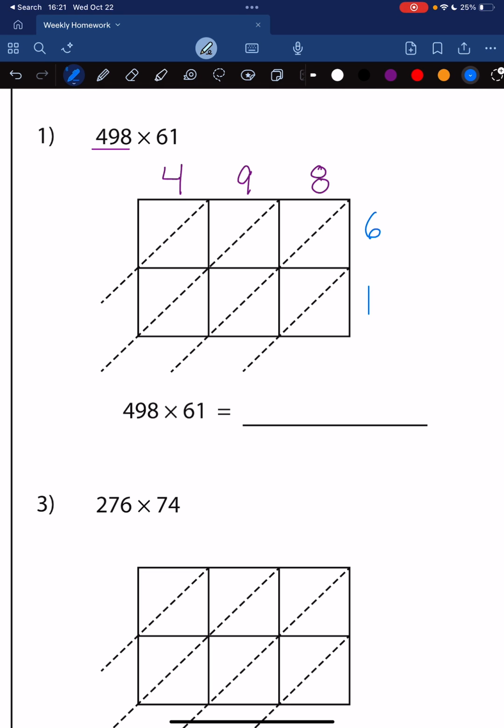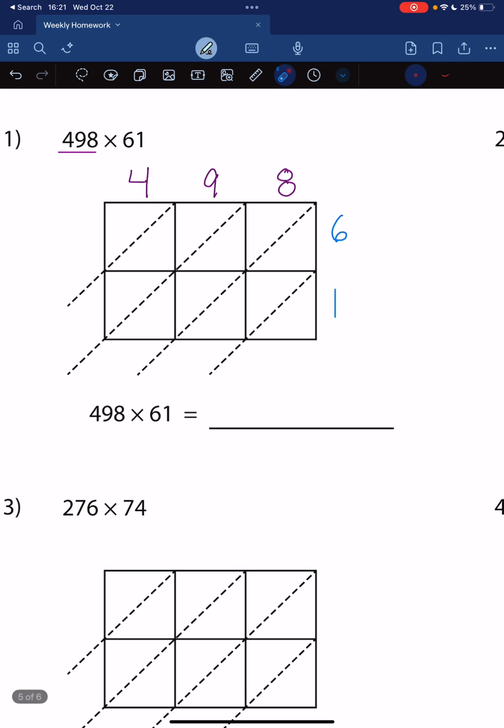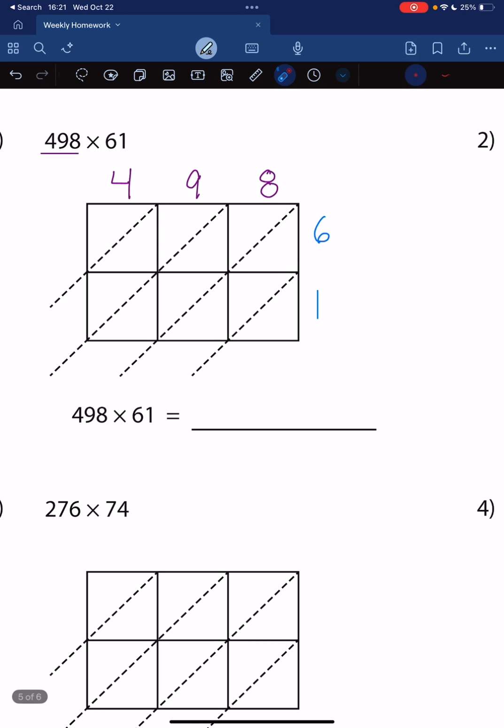And so now, here comes the easy part, right? If you're really good at multiplication, here comes the easy part. So I am just going to multiply 8 times 6, and I'm going to put that information right here. And for a quick example, so the people who maybe have never seen this before will understand where we're getting this information from. 8 times 6, as we all know, is, I'll give you a chance to answer.